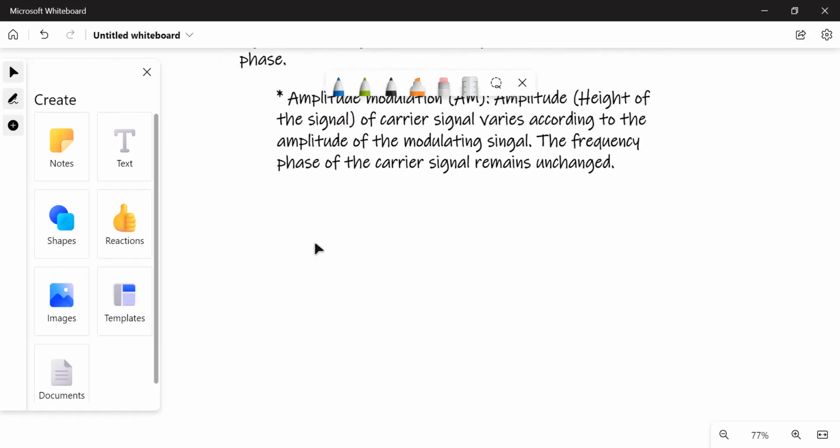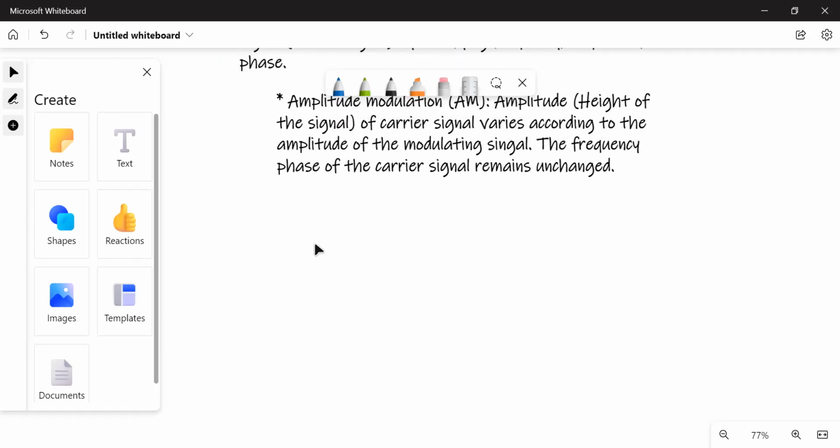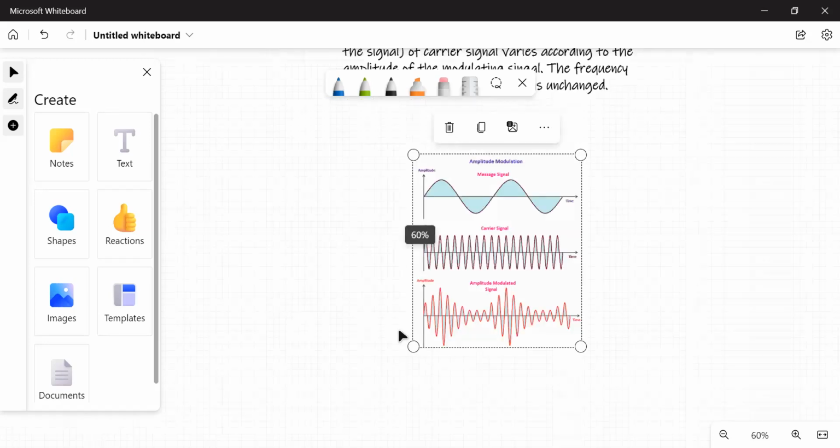Let me explain. Now, when you say amplitude modulation, we are going to look at the height, but height will change according to the carrier signal. So let me show you a figure which uses this idea.